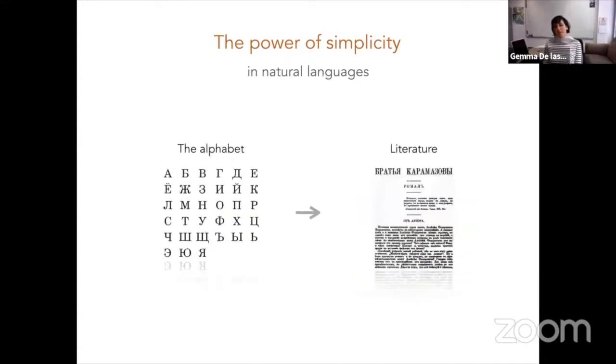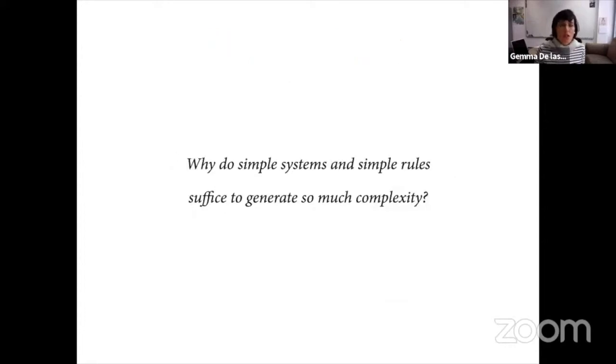And in some sense, I believe that this also happens in natural languages, where a literature masterpiece can be expressed in an alphabet of only a handful of symbols. So why should this alphabet be so expressive? What I'm trying to ask is, why is it the case that simple systems and simple rules suffice to generate so much complexity?